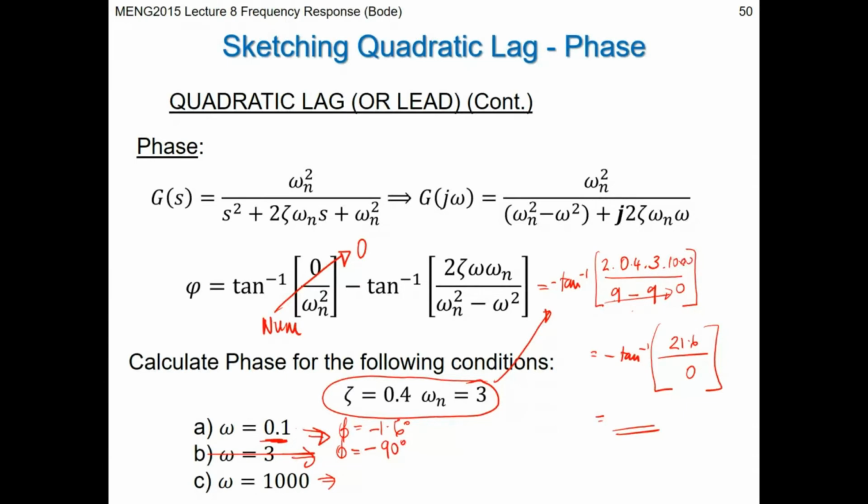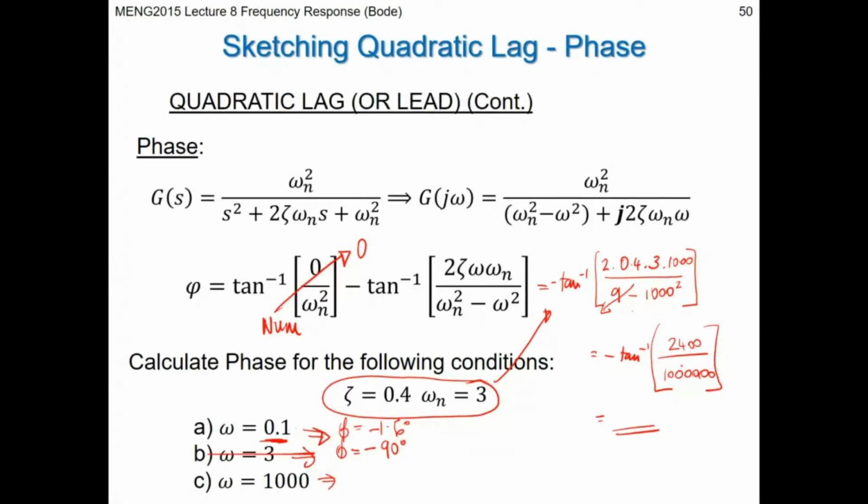We're going to have 1,000 on the numerator here, and we're going to have 9 minus 1,000 squared here. So of course, effectively, the 9 goes to 0, and because you've got 1,000 squared on the denominator, then all of this, even though you've got 2,400 on the numerator, you have effectively got a million on the denominator.